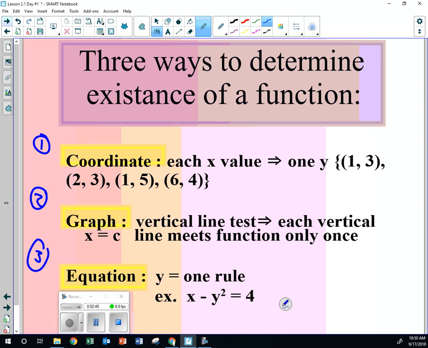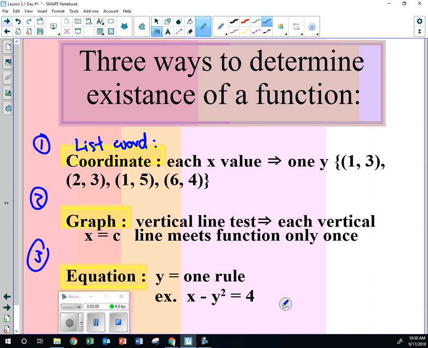One is the idea of listing coordinates. So if we list coordinates, here's what happens. You'll have 1, 3, 2, 3, 1, 5, 6, 4. Think of what I said about every x having 1y. Did I make that happen or not with this list?